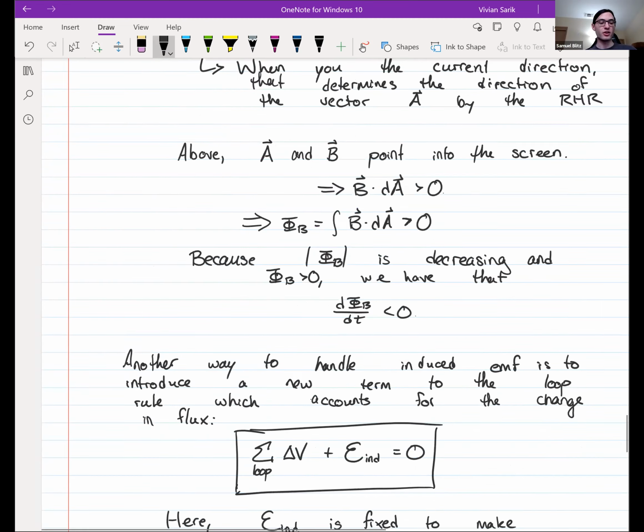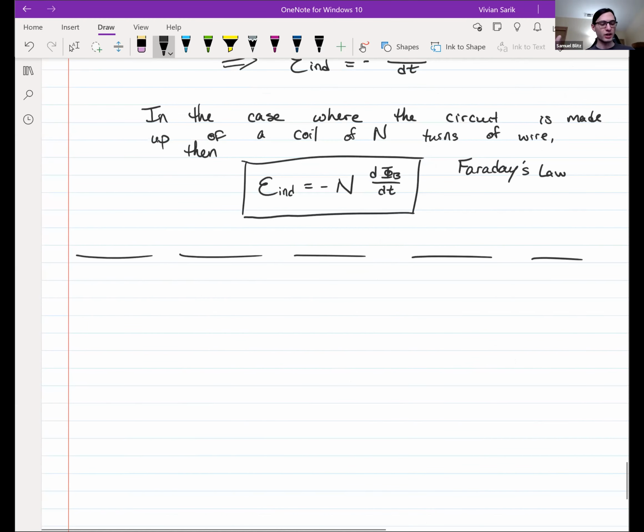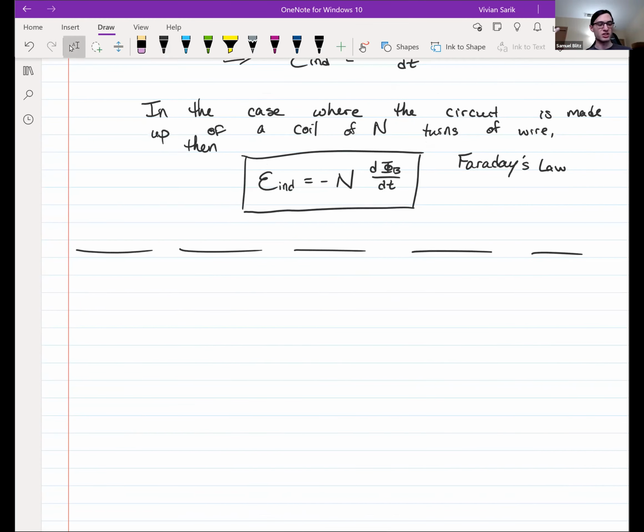I want you to consider the following thought experiment, which is laid out in more detail in the lecture notes, but I'll talk you through it. Let's say we have a loop with no current flowing through it, suddenly moved to somewhere where there is a magnetic field, and that magnetic field is large.